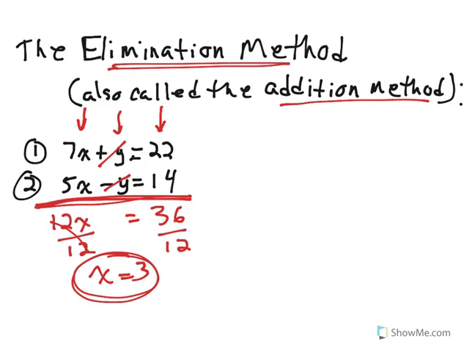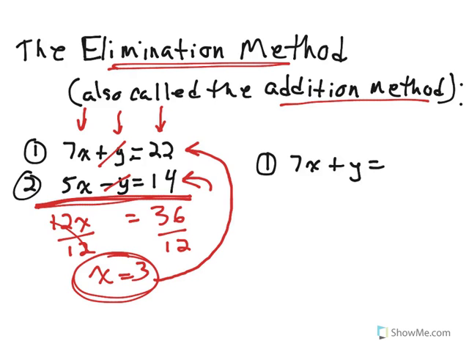Now to find y, we replace x with 3 in either one of the other equations. Does not matter which one, just pick one. And I am going to use equation number 1, 7x plus y equals 22. And I'm going to replace the x with 3 and solve for y.